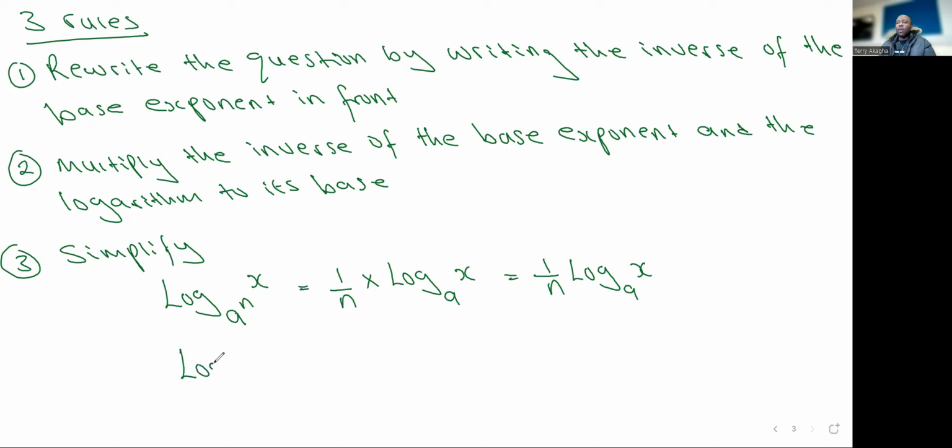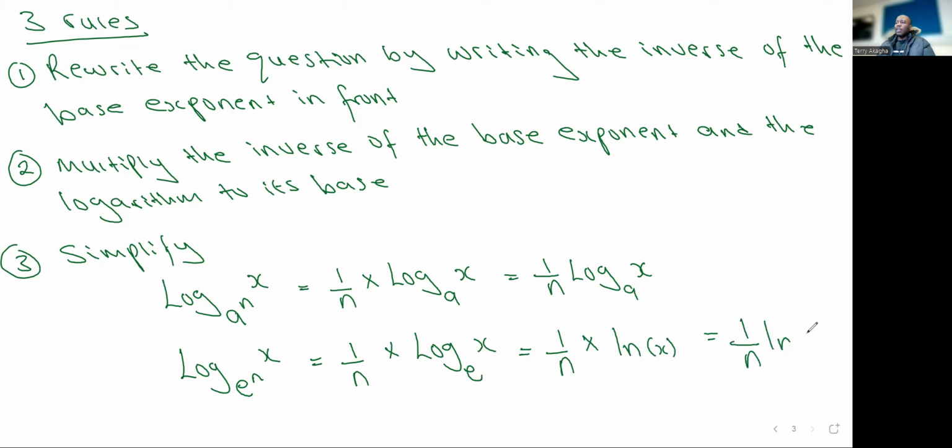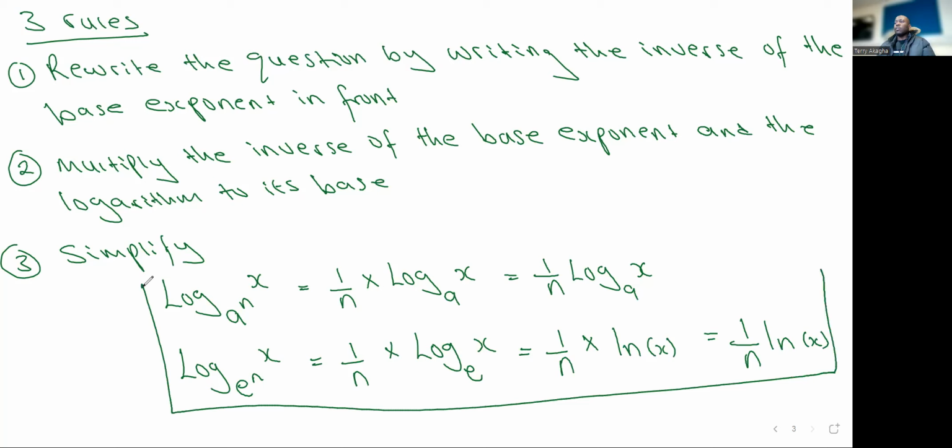So if, for instance, you have log to base e to the n of x, the inverse of the exponent is 1 over n multiplied by log to base e of x. And remember in the previous video, we talked about how the log to base e is the same thing as ln. So it's going to be 1 over n times ln x, which gives us 1 over n ln x. And that is the law for this.